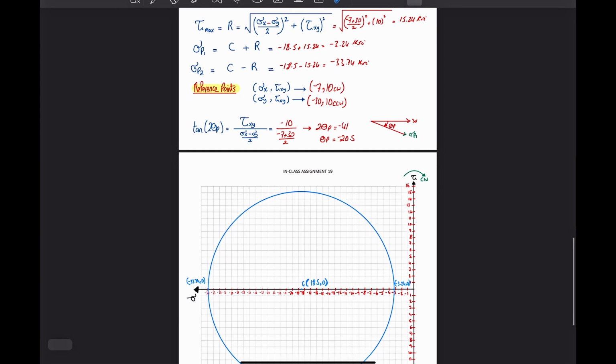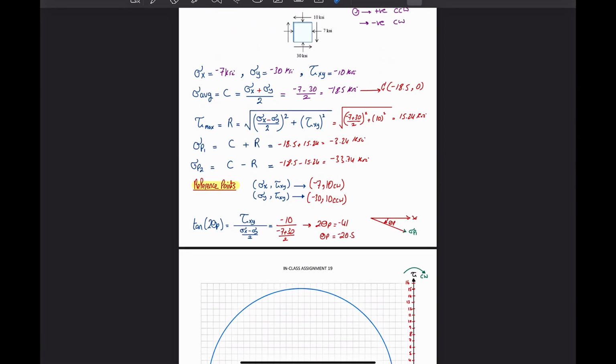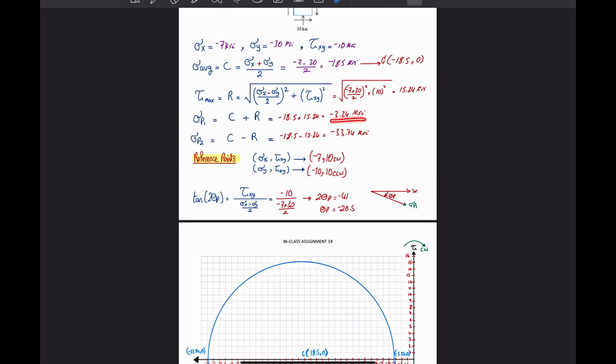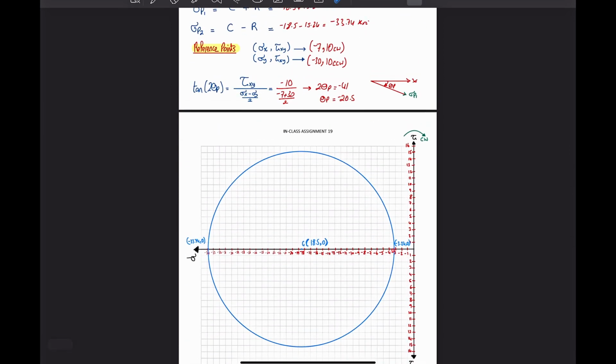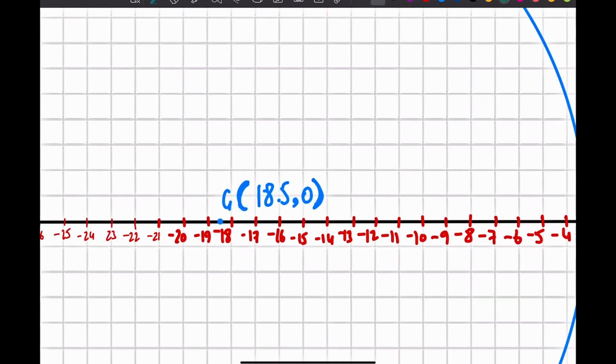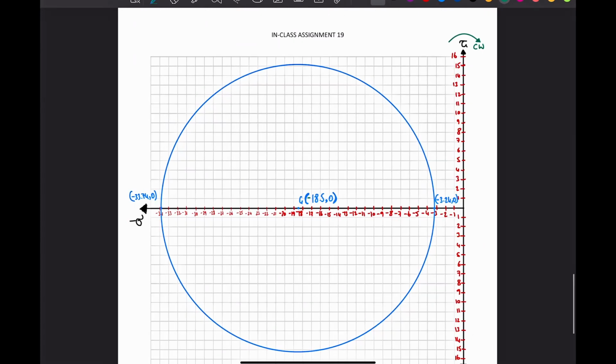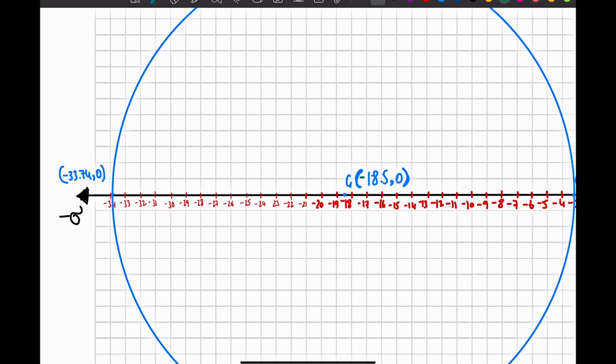Okay, so now I knew that the negative 3.24 and negative 33.4, that's my boundaries. Okay, the center is negative 18.5 and 0. Okay, so this horizontal line, that's the principal plane.